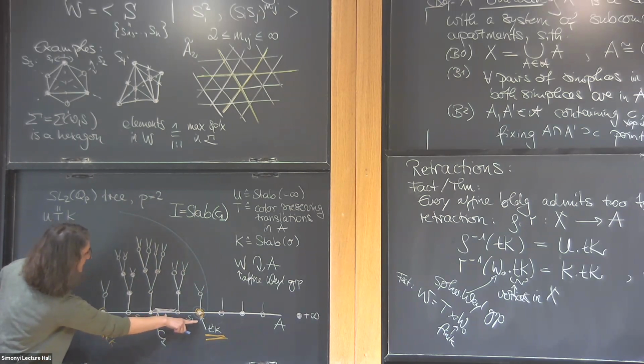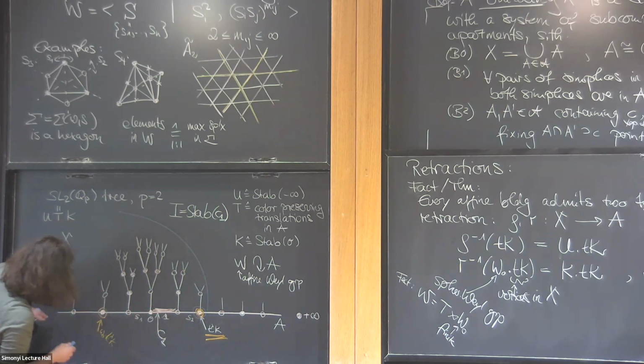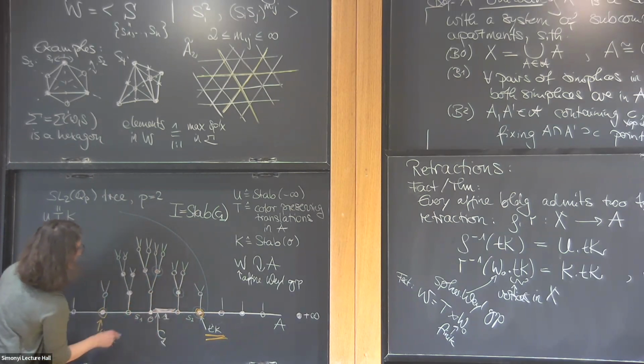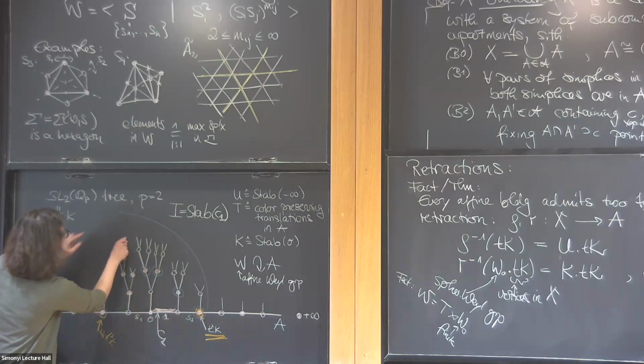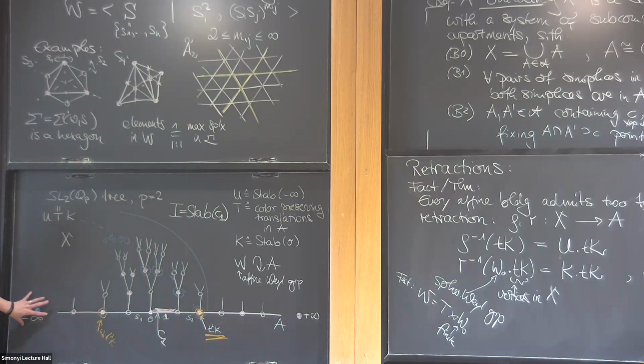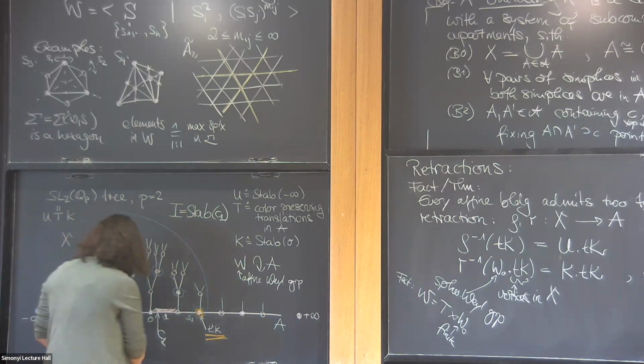So TK, if I have to fix this direction at infinity, but I'm allowed to branch off. So it goes here, here, also here. And then I have one up here, which I haven't drawn. I get 8 and so forth. Okay, so it's really a horocycle around this point at infinity.